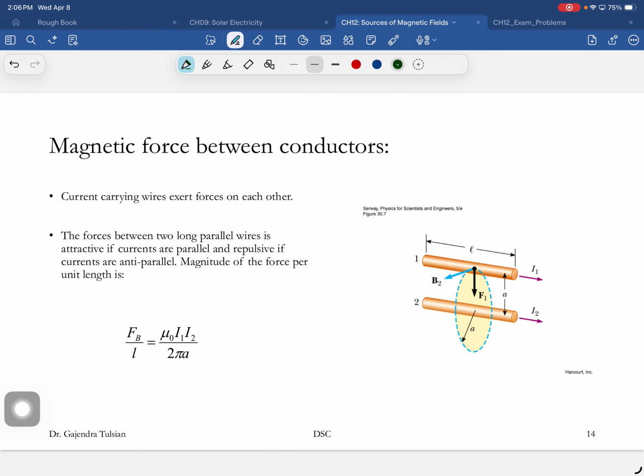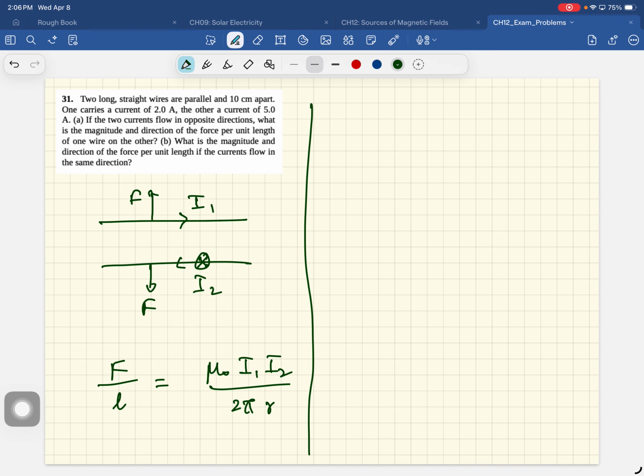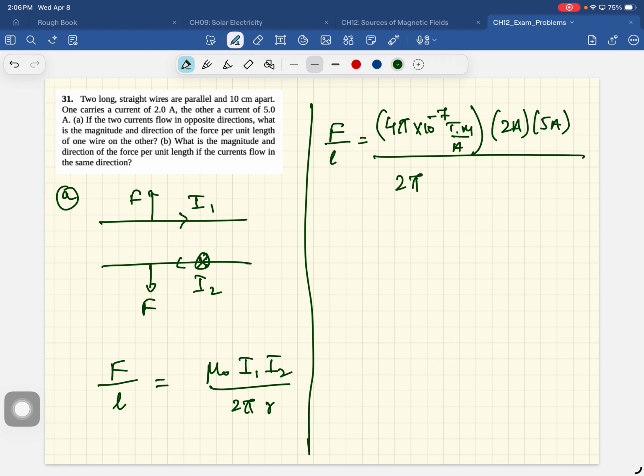Twenty turns. So that makes it 10 to the minus 6. That makes it 10, 2 pi. 10 times 2 pi, 20 pi.